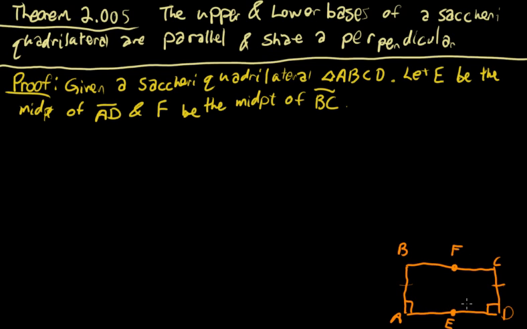Let's do that in a different color. This is a midpoint, so these two sides are equal, and we'll have a different midpoint right here. So I'm going to say that triangle ABE is congruent to triangle DCE by side angle side.